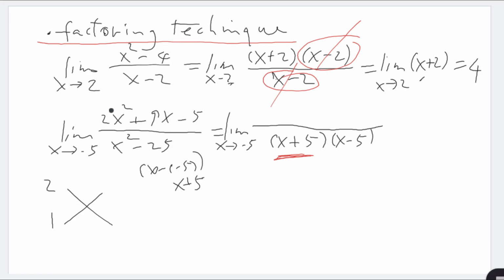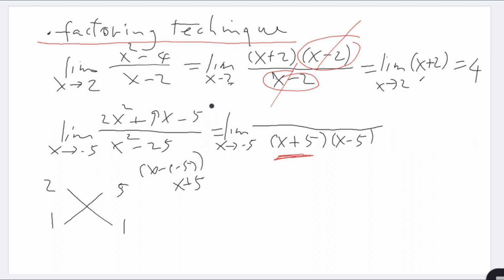Then I check out the constant, which is 5. Then again, I try to find two numbers whose product is 5. The first thing that comes to my mind is 5 and 1. All right, 5 times 1 is 5. Now, will this work?